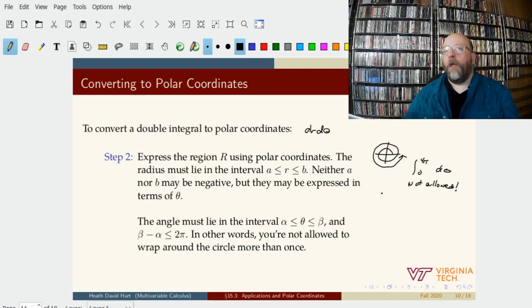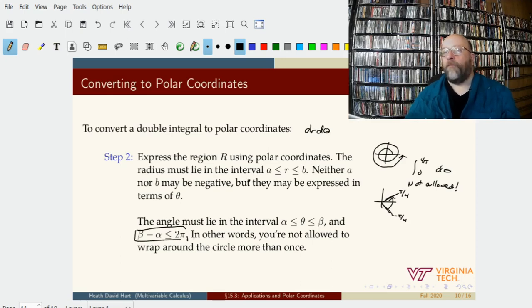So you can pick negative theta. For example, if my region goes from here to here, I could call this negative pi over 4 to positive pi over 4. And that's perfectly okay. We're allowed to have negative theta to positive theta if that's what my region is. I don't have to break this up at 0, for example. But I'm not allowed to count angles twice. So I'm never allowed to go around a circle twice.